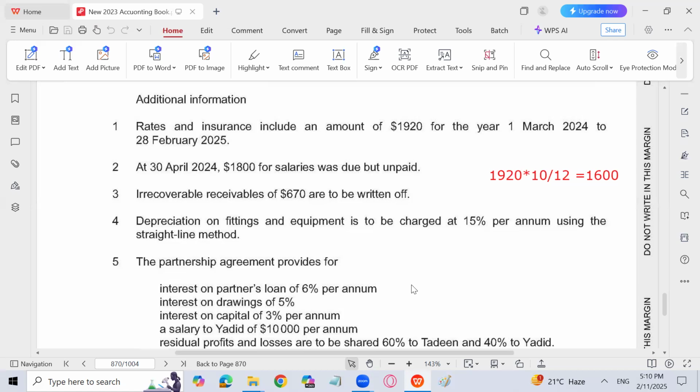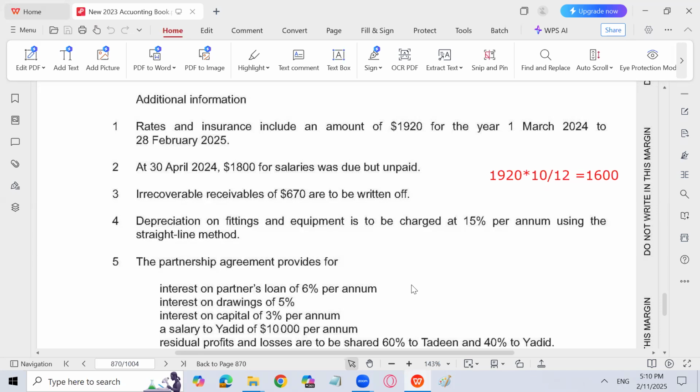Interest on partners loan will be written under the heading of expenses and will also come on the credit side of partners current account.